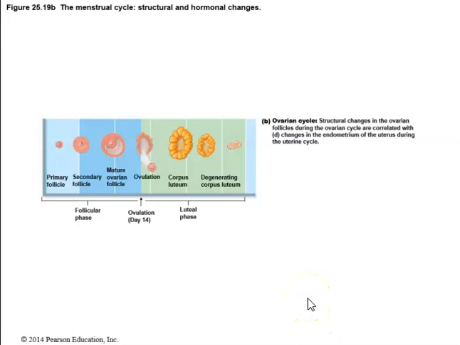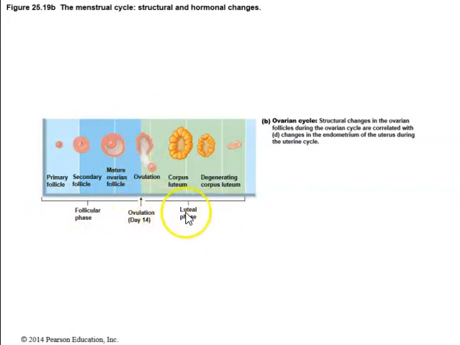So here is the ovarian cycle, the structural changes that occur in the ovarian follicles that are correlated with the changes in the endometrium during the uterine cycle. We have the follicular phase, where we have maturation from a primary follicle to a secondary follicle to a mature ovarian follicle. Then usually about day 14 is when you have actual ovulation, and preceding that is the surge of luteinizing hormone that heralds in ovulation.